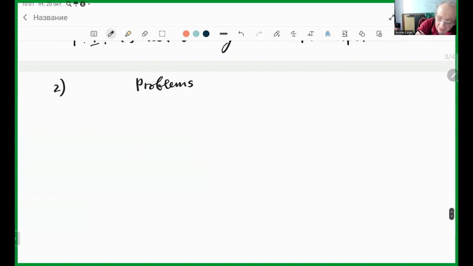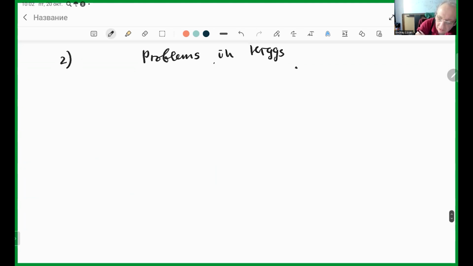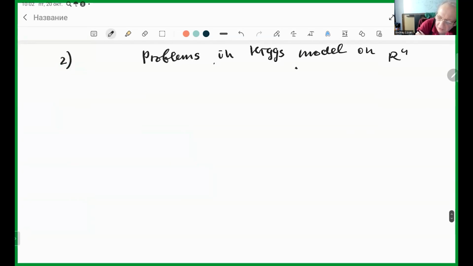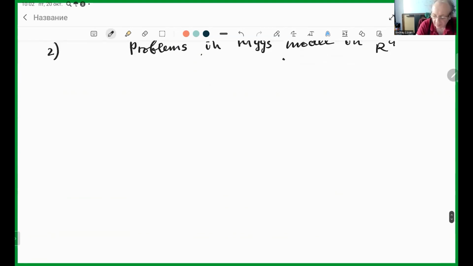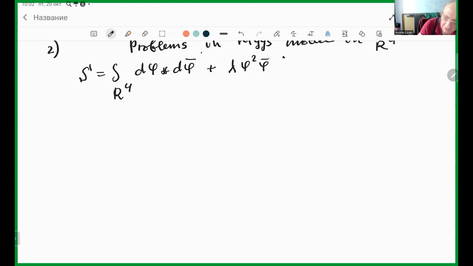Problems in the Higgs model on R4. So the action is an integral over R4. And here I have d phi star d phi bar plus lambda phi square phi bar square.